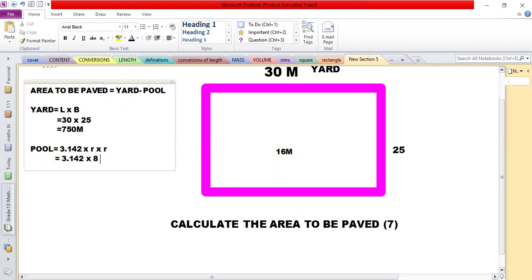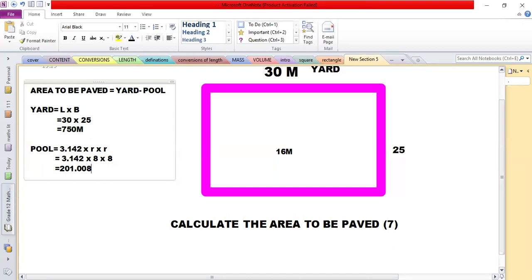So it's 8 times 8. Sorry for repeating the same thing. So now we need to find the answer. Help me calculate that one. 3,142 times 8 times 8 is equal to 201,008. Tell me if that's what you found.